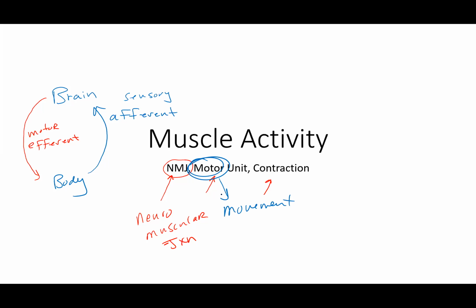It's like the motor in your car is what allows the vehicle to move. Even though these words sound fancy, they're trying to tell you exactly what's going on. So the neuromuscular junction is where the nerve and the muscle come together, and it's the electrical activity that allows you to move. And that's our contraction.